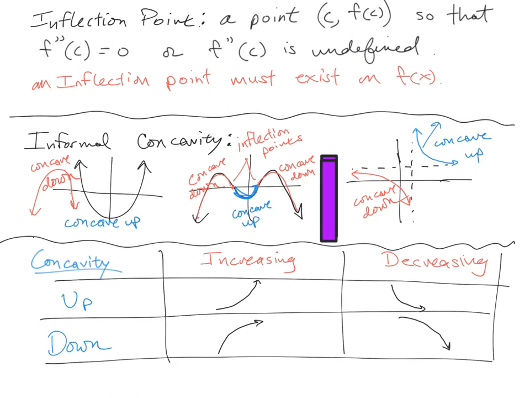Now, you can see the difference here. The concavity changes at this vertical asymptote, but we cannot say it changes at a specific XY coordinate pair.